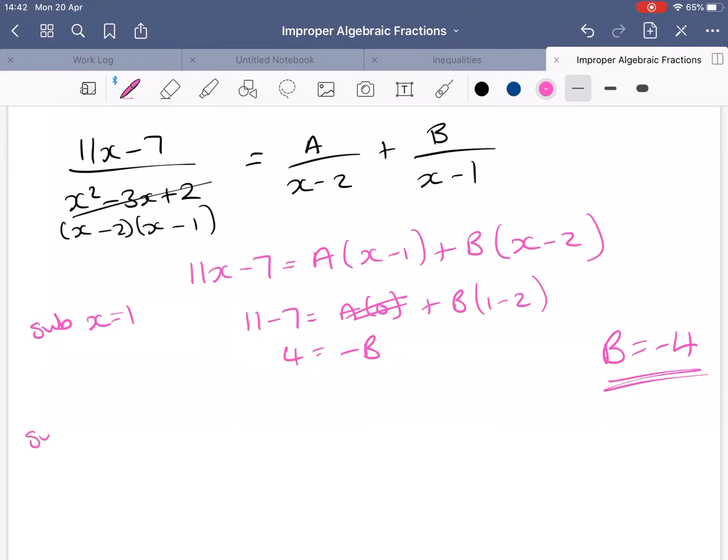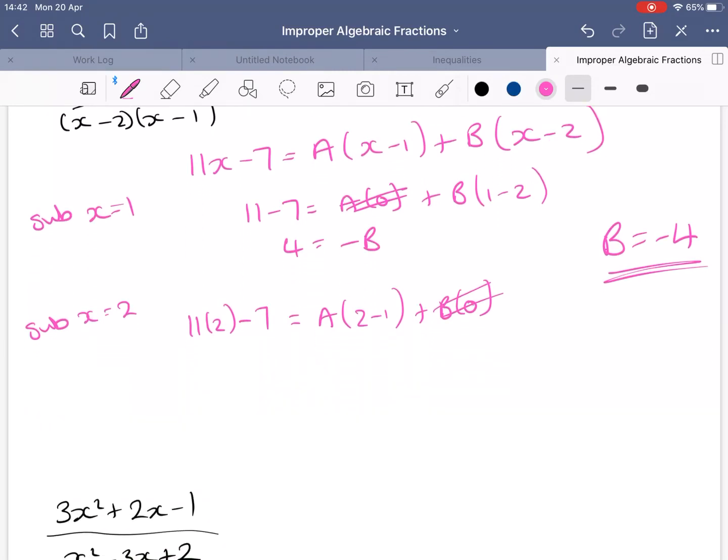Then I'm going to substitute x equals 2. So I've got 11 lots of 2 minus 7 is equal to A times 2 minus 1 plus B times 0. Well, that gets to be 0. 22 minus 7 is 15, mind blank. So I've got 15 equals A. So A equals 15.